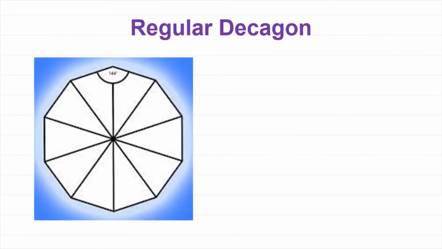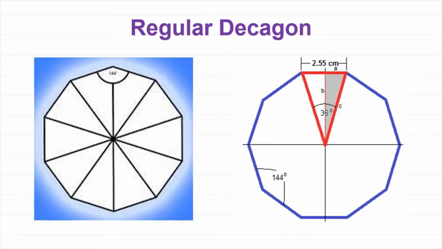This is a regular decagon. So, ibig sabihin, sa 10 angle na yan, tig-144 degrees ang sukat niya. And then, yung sides is the same. So, ibig sabihin ng regular kasi, equiangular na and equilateral. Pare-pareho sila ng angle, pare-pareho sila ng sides, ng measurement nila. Okay, so, kaya tinawag siyang regular decagon.